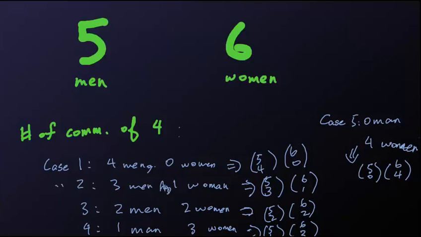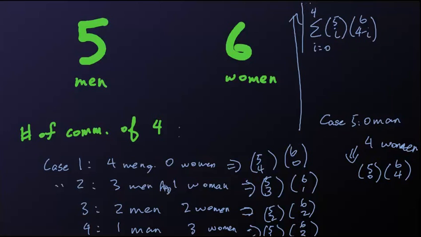Or if we want to get fancy, we could write this in sigma notation: the sum from i equals 0 to i equals 4 of 5 choose i times 6 choose 4 minus i. And so this is the number of committees that can be made.